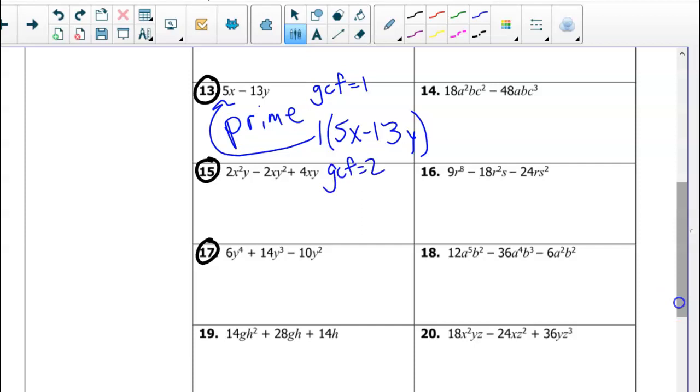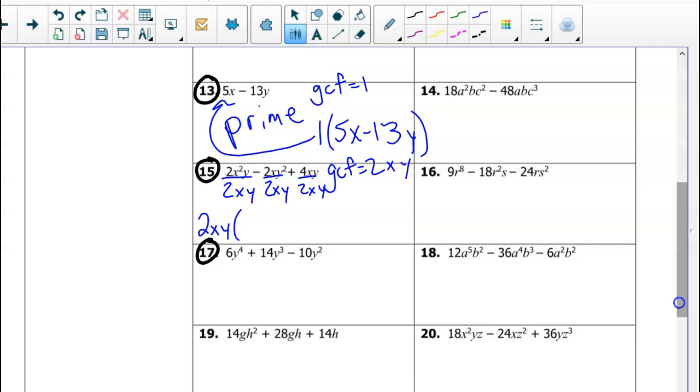I see I have x's and y's for every single term. I need to look for the lowest exponent. So for x, I see that's 1. For y, I see that's also 1. So I'm going to divide each of these terms by 2xy and see what's left.